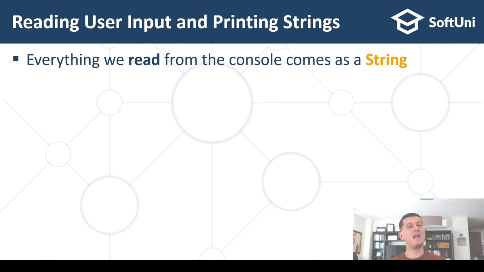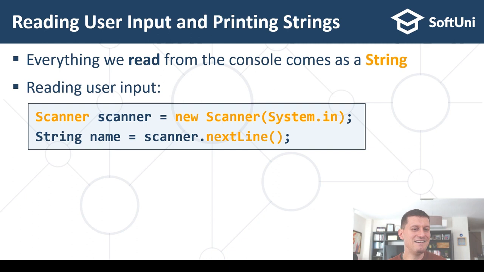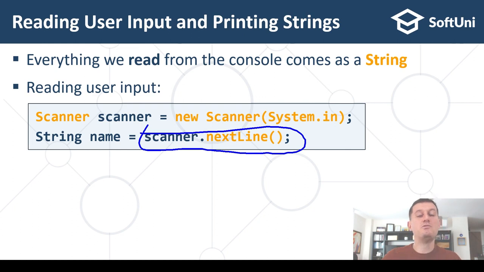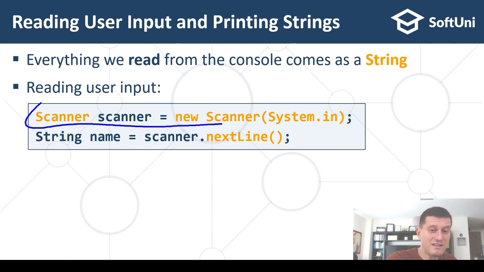First, one concept. Everything we read from the console comes as a string. It comes as text data. So generally, if we want to use the user input, we use this scanner.nextLine, which reads one text line of data from the console. But first we need the Scanner class.